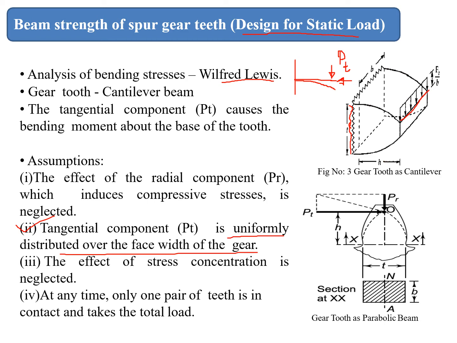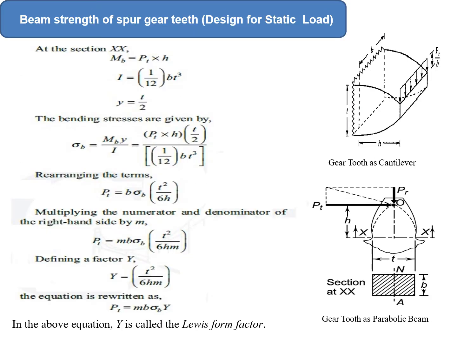Okay, so let's see the derivation. Considering a section XX and taking the moment, so the tangential force into H. Now H is the height of tooth, so MB is given by PT into H, where PT is the tangential load.